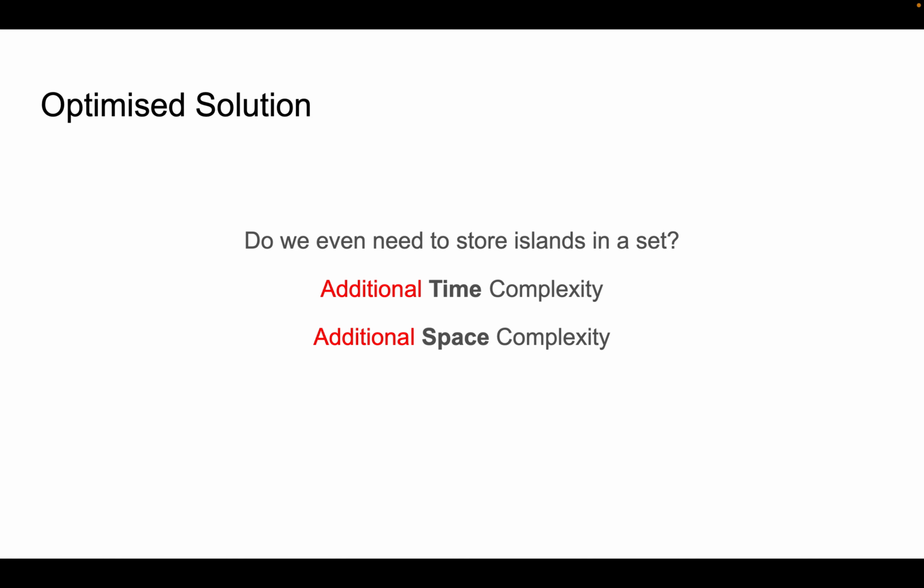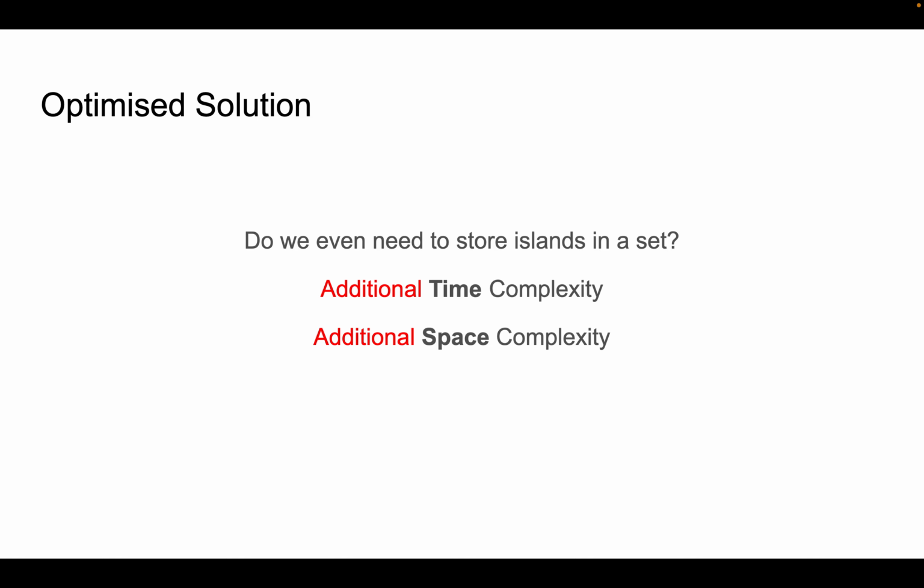Moreover, we need to work towards an optimized solution, as there is additional time and space complexity from what we have done so far. Space-wise, we are storing islands in a set, which takes up more space. And we also need more time as we are DFSing through 2 grids instead of 1.